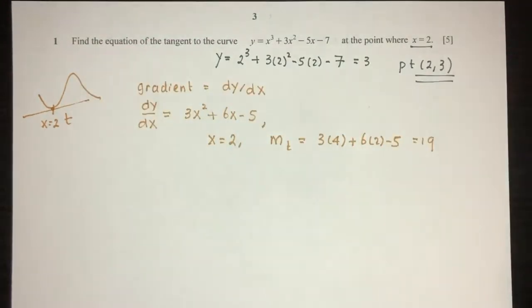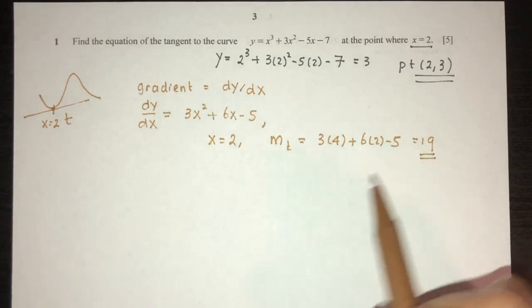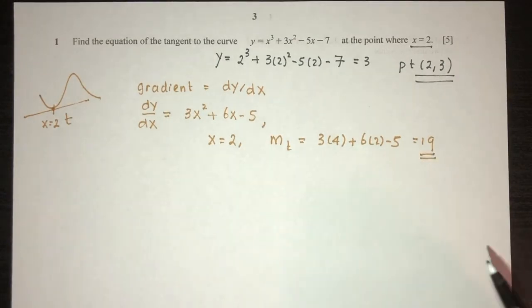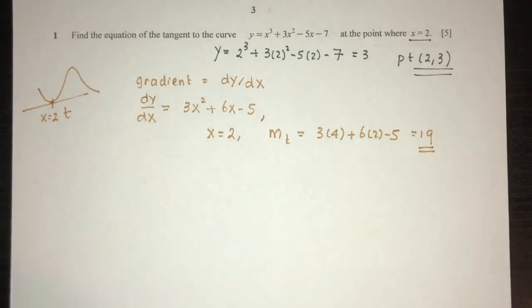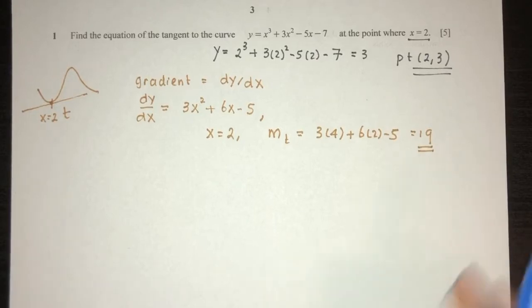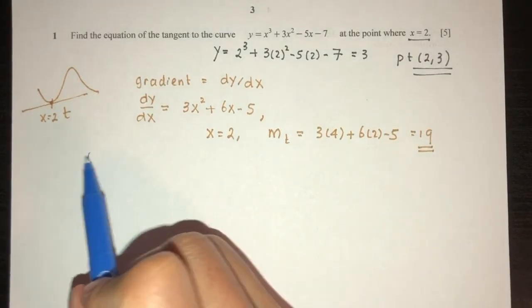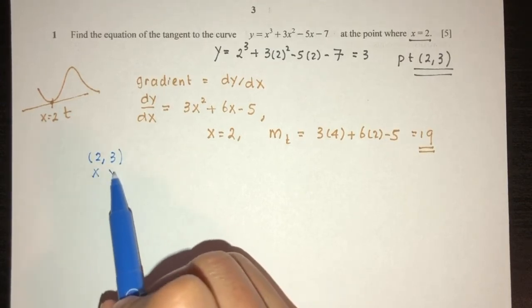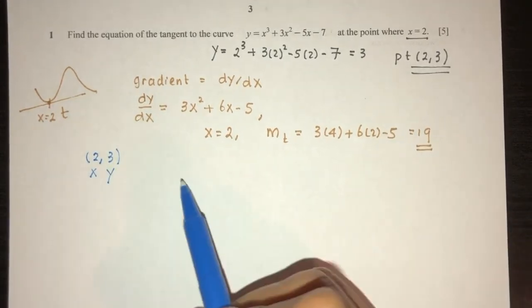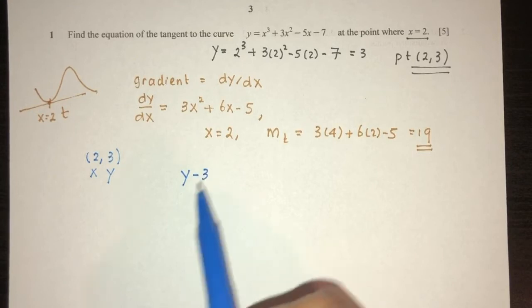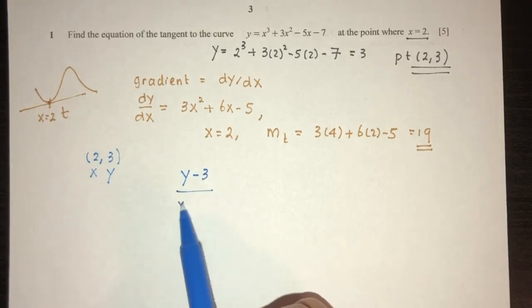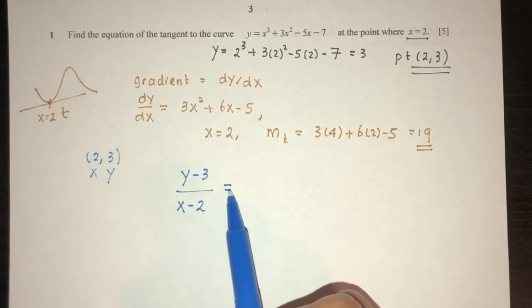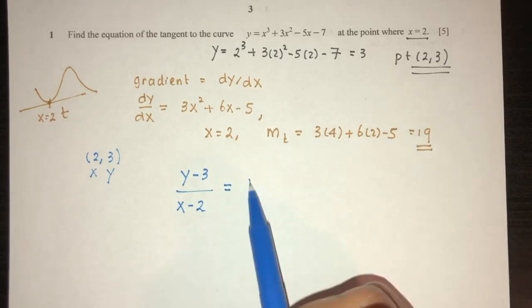Okay, so basically that is your gradient of tangent, and you have the passing point, so you can find the equation pretty easily. We use this technique. Basically we have the passing point, which is (2, 3). This is your x coordinate and that is your y coordinate. So we take y minus 3 over x minus 2, and that is supposed to equal your gradient.